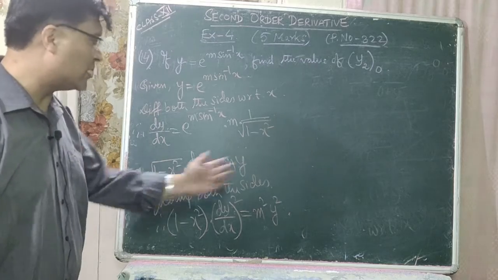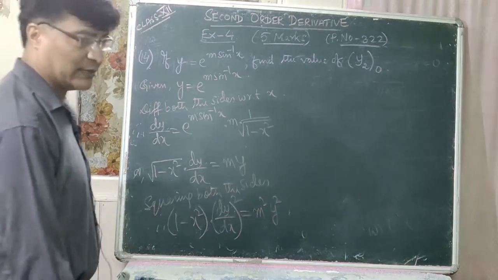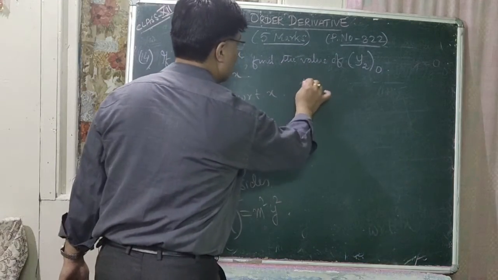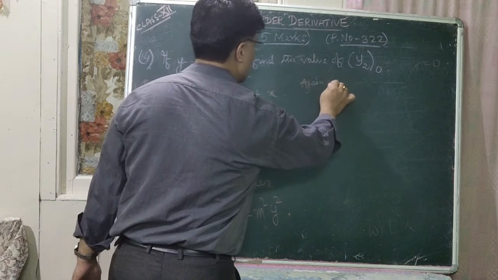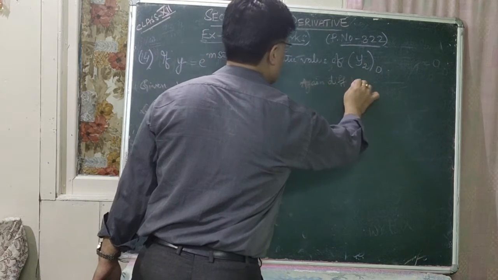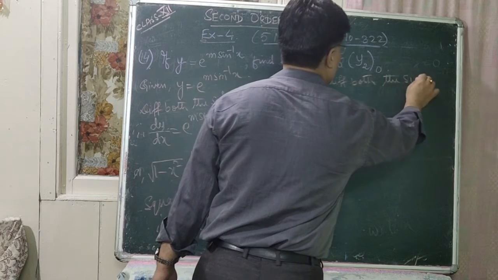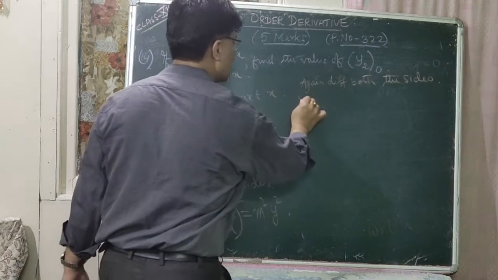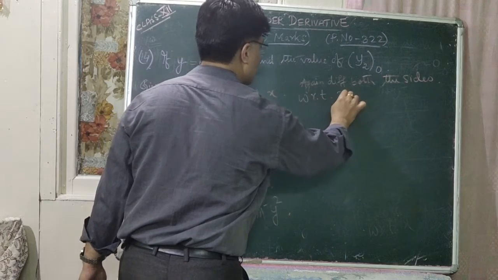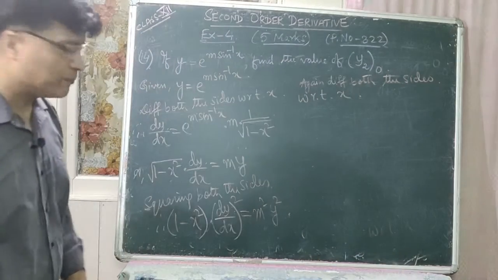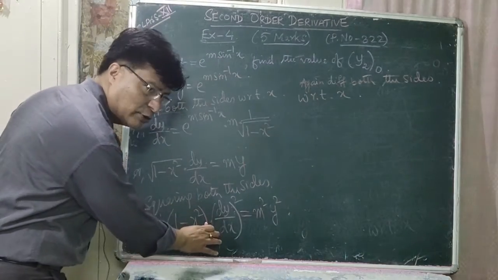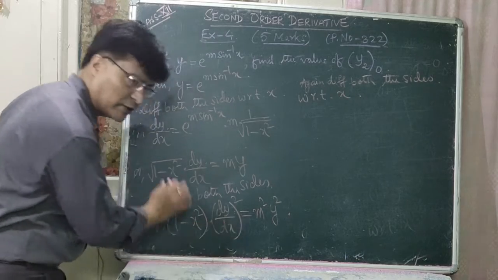Now you can differentiate both the sides with respect to x. Again differentiating both the sides with respect to x. On the left hand side you can use the UV rule because these are the product of two functions.